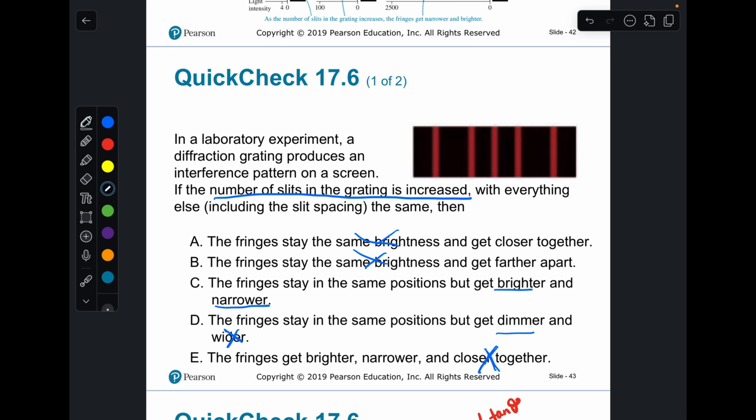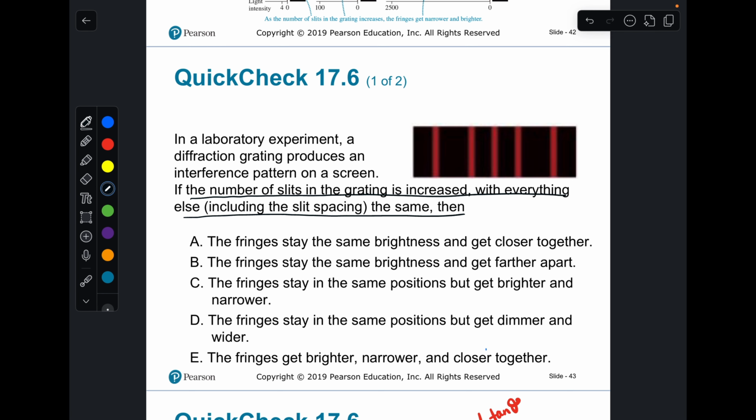And so in this quick check problem, we're testing that exact concept. You notice that as the number of slits increase, what happens to all of the other parameters?